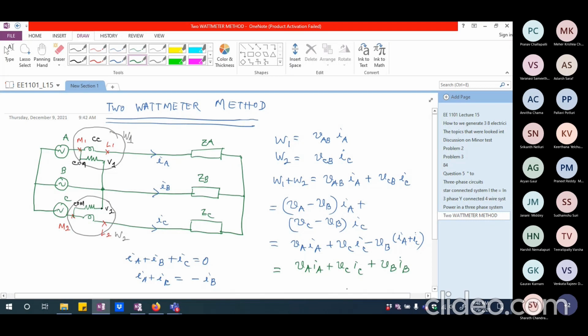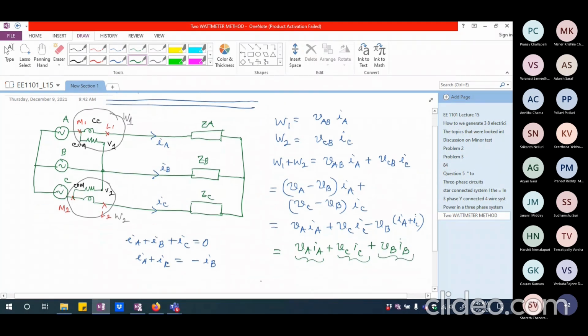So this actually gives me directly 3-phase instantaneous power. This is the instantaneous power in A phase. This is the instantaneous power in C phase. And this is the instantaneous power in B phase. So this is actually the total instantaneous power in all the 3 phases put together.